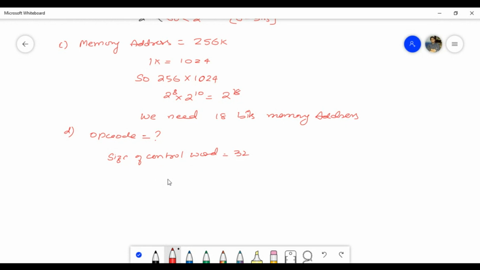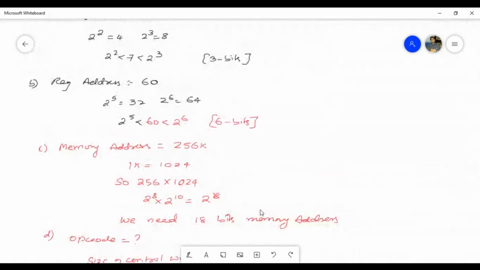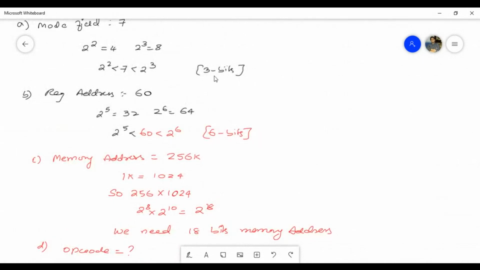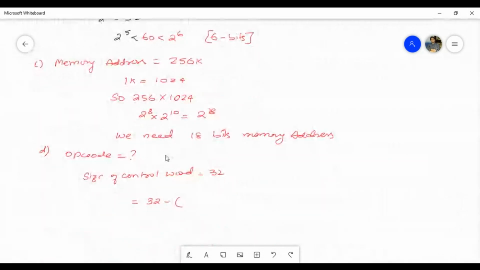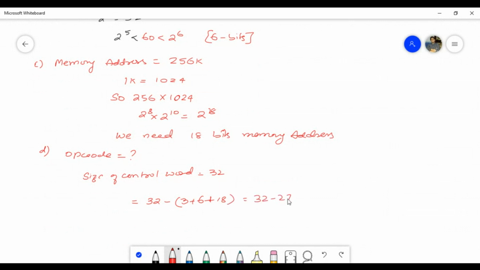So 32 minus: what is the size of the mode field? 3. The register address? 6, and 18. So 3 plus 6 plus 18 becomes 27, and 32 minus 27 becomes 5.